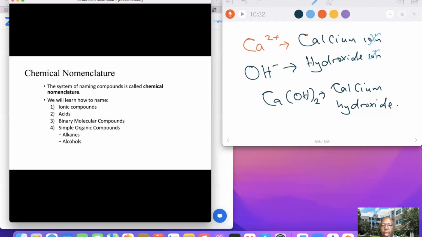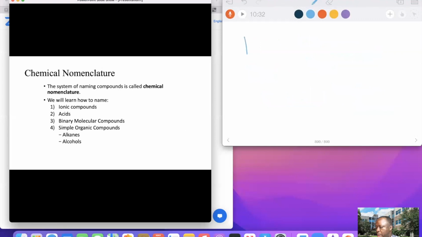Now there are those ions which form more than one charged particle. For example, how will you name these two compounds?